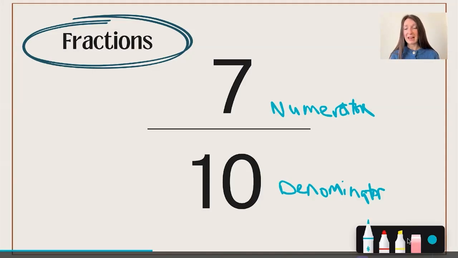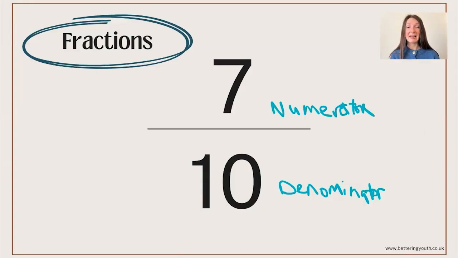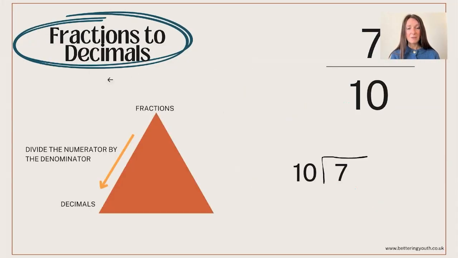Knowing that is going to help us when we use those words when I say how you're going to move from a fraction to a decimal. So, looking again, we have numerator being divided by the denominator. Now, in a couple of episodes previous, we went through what it means to divide by.